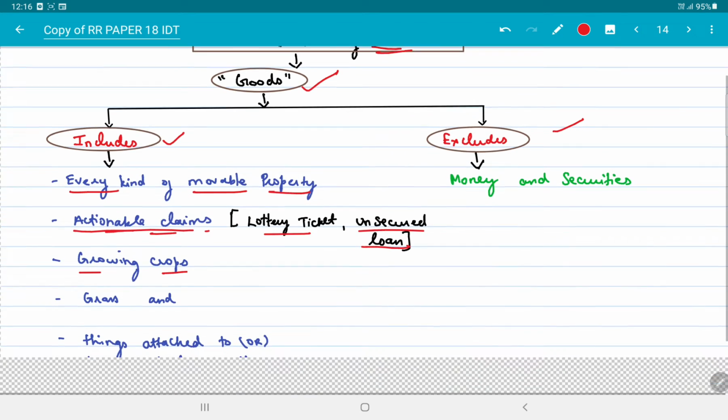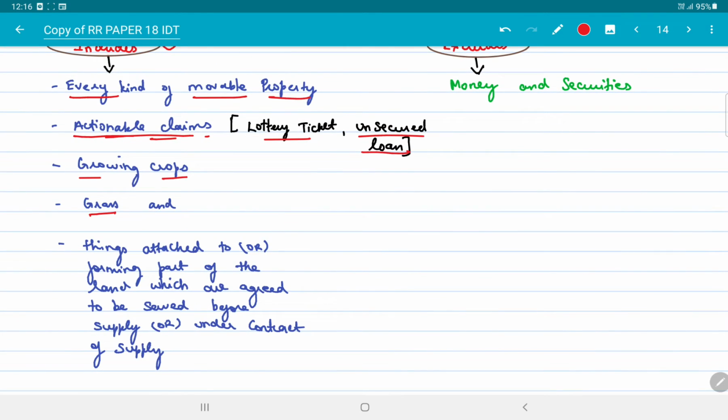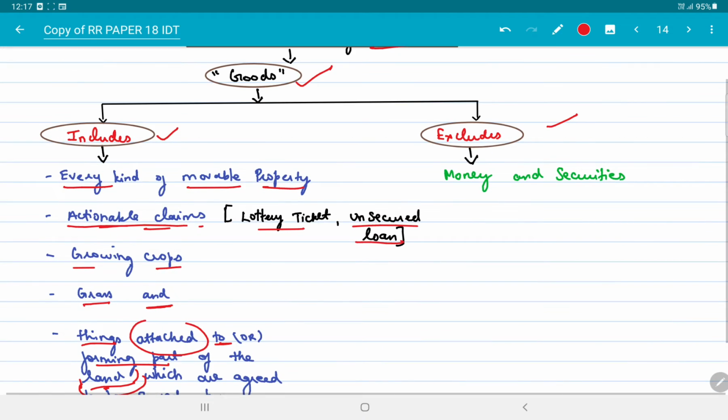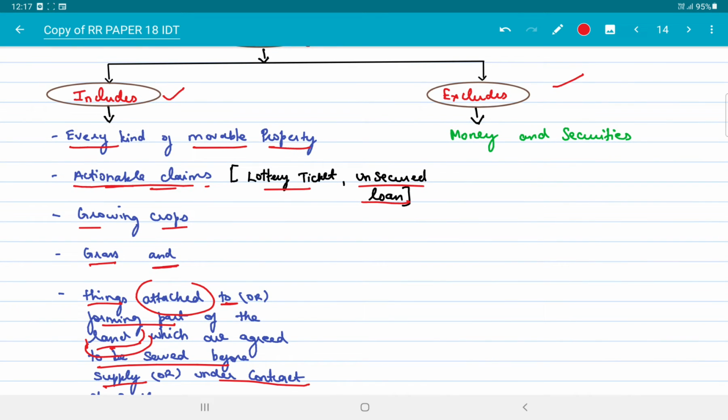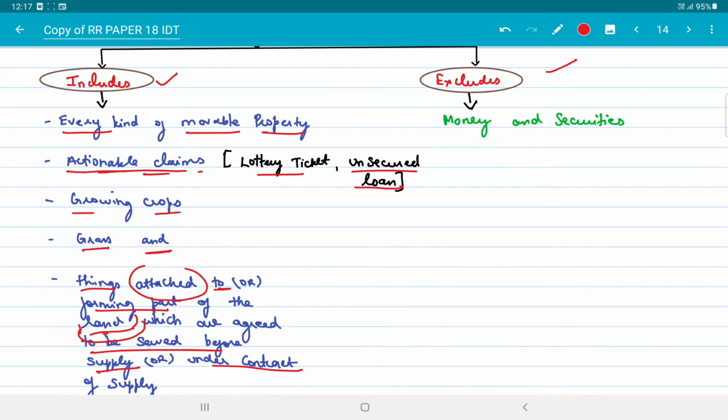Growing crops, grass, and things attached to or forming part of the land which are agreed to be severed before supply or under the contract of supply.